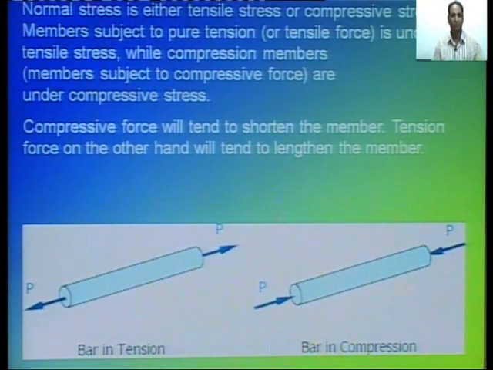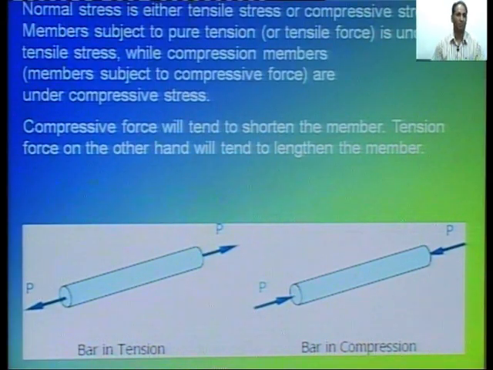The member which is subjected to tensile force is called a tension member. The member which is subjected to compressive force is called a compression member.